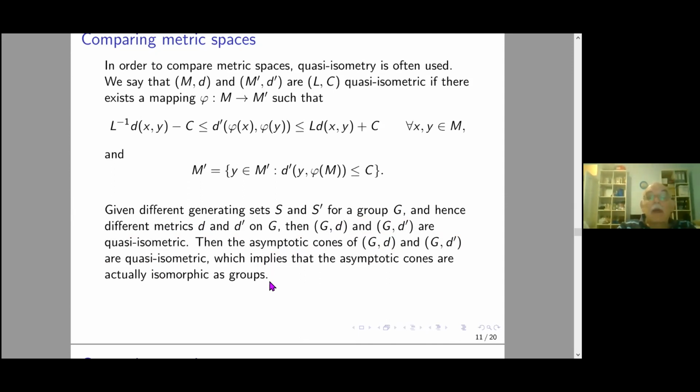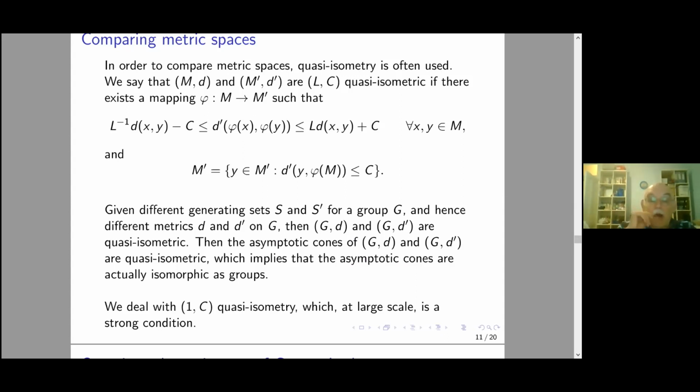It means then that the asymptotic cones of these two things are quasi-isometric, and that actually implies that the asymptotic cones are isomorphic as groups. And there was a student of Gromov called Pierre Pansu in France who did a lot of study of quasi-isometries of these asymptotic cones, and a lot of the very important developments that came out of this theorem of Gromov are due to Pansu.